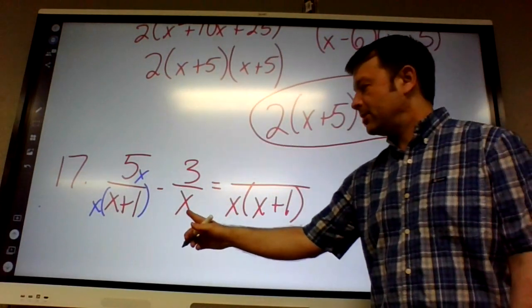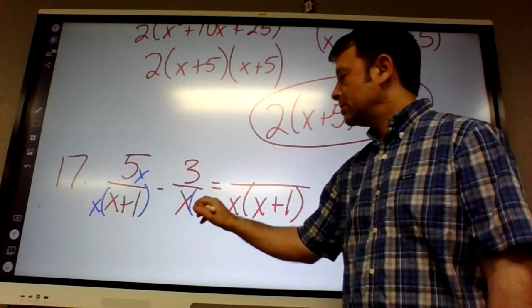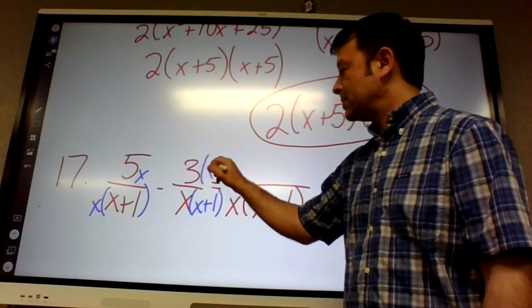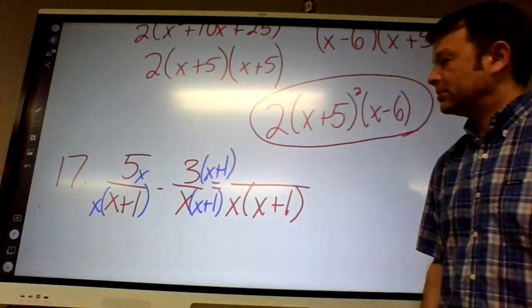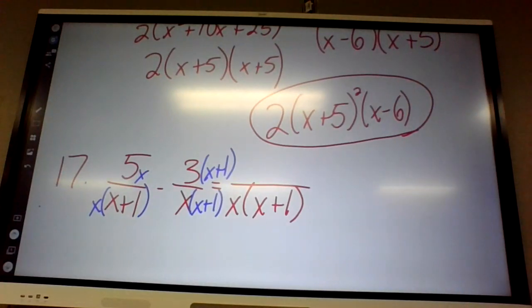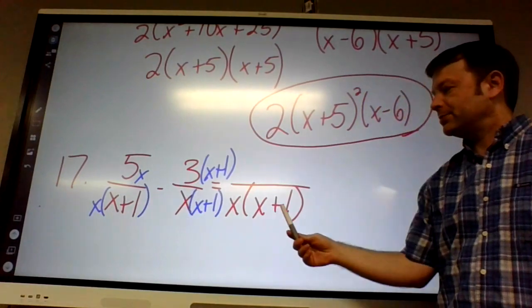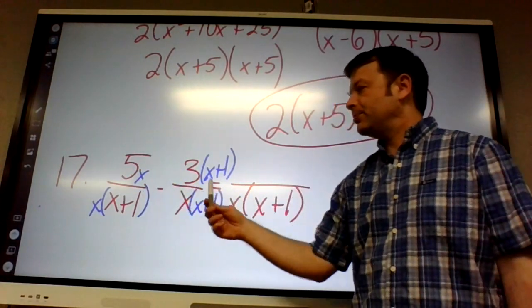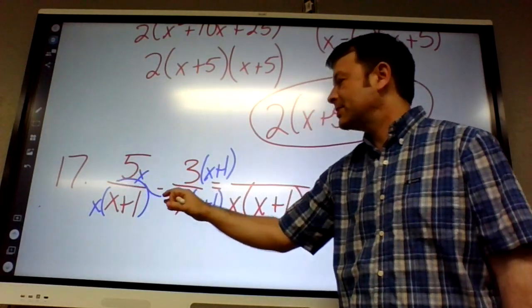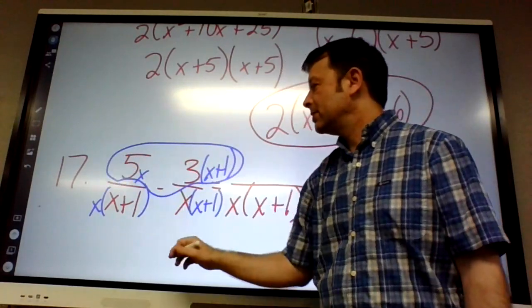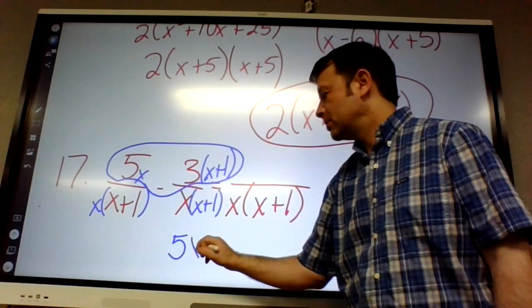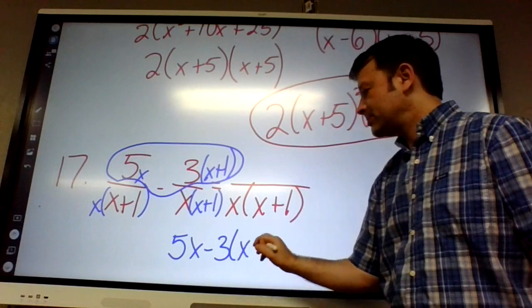What's the right denominator missing? So this gets an x plus 1 as well. Okay, the denominator is done because they are identical. But the numerator, we have to work it out. It's 5x minus 3x plus 1, which is 3 parentheses x plus 1.